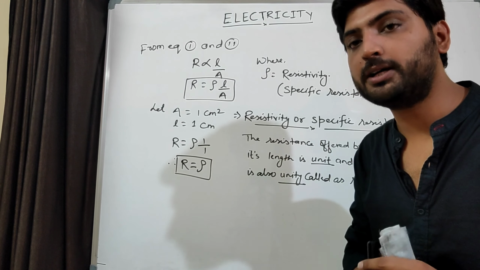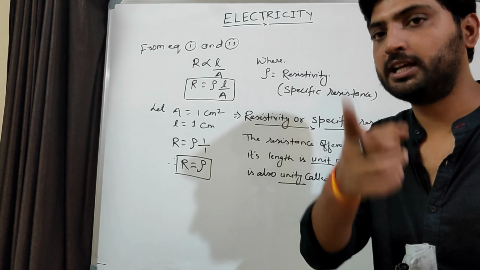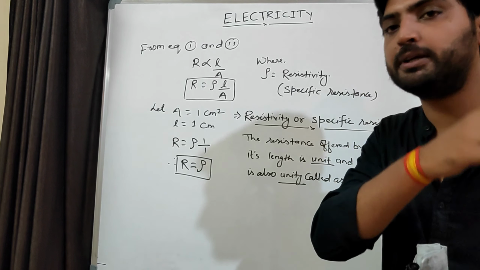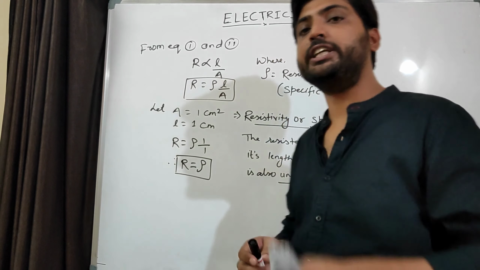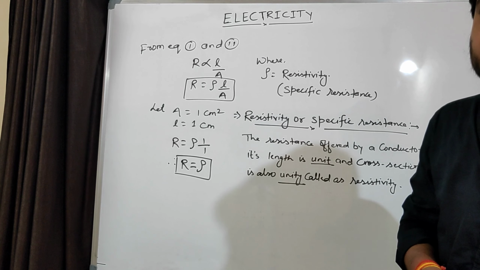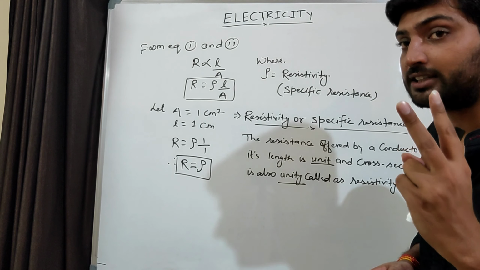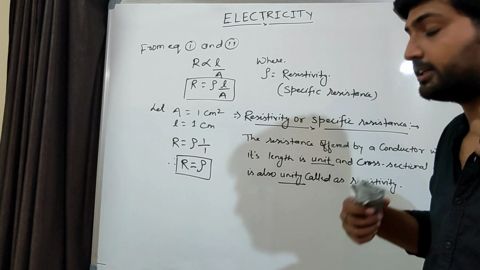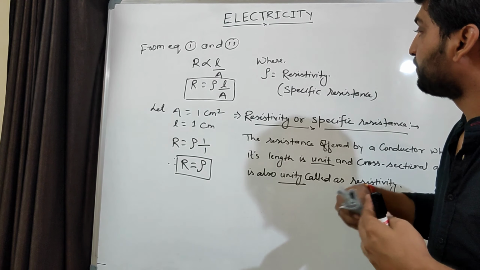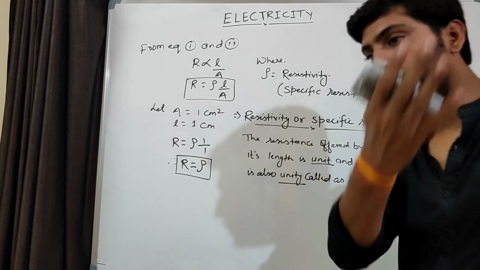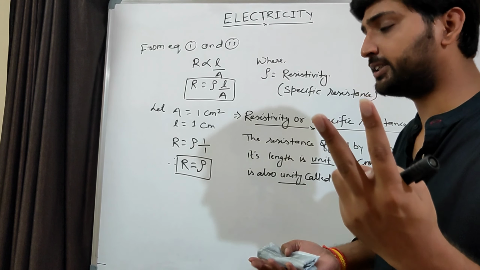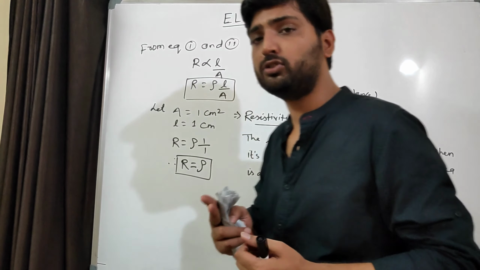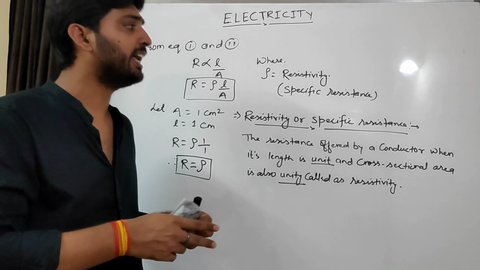So what is variable? Nature of material and temperature. So resistivity depends upon nature of material and temperature. Only these 2 factors, not all 4. If someone asks you on what factors resistivity depends, you do not write all 4 factors. You have to write only 2 factors.